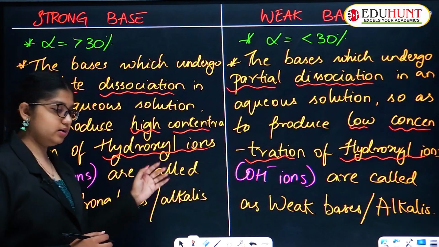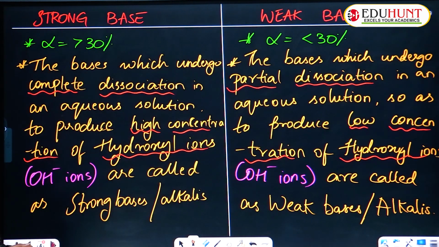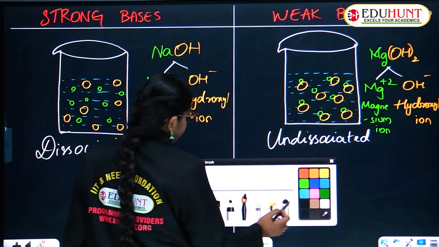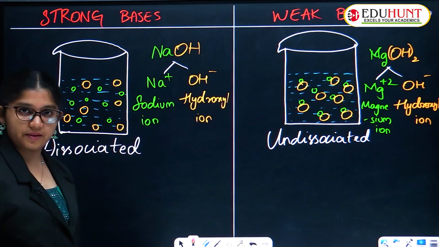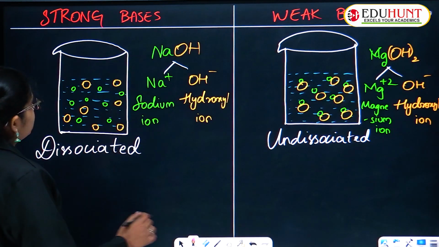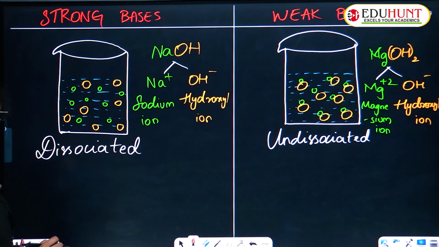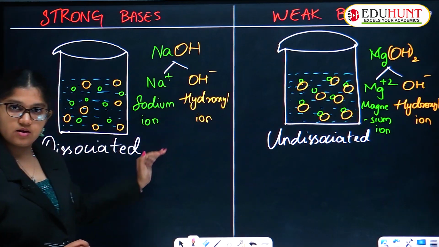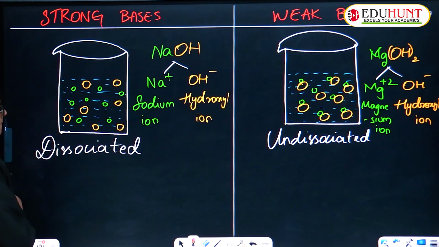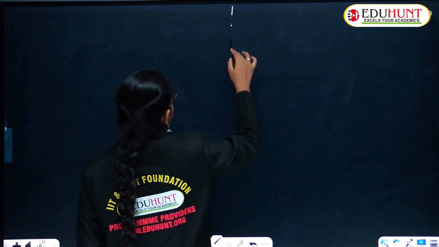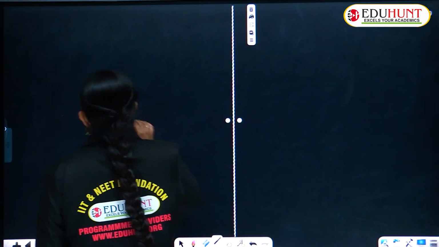So now we'll go with the examples of strong bases and weak bases. This is the diagrammatic representation, and here we have NaOH. I'll do the examples on the next page, with the names and all.